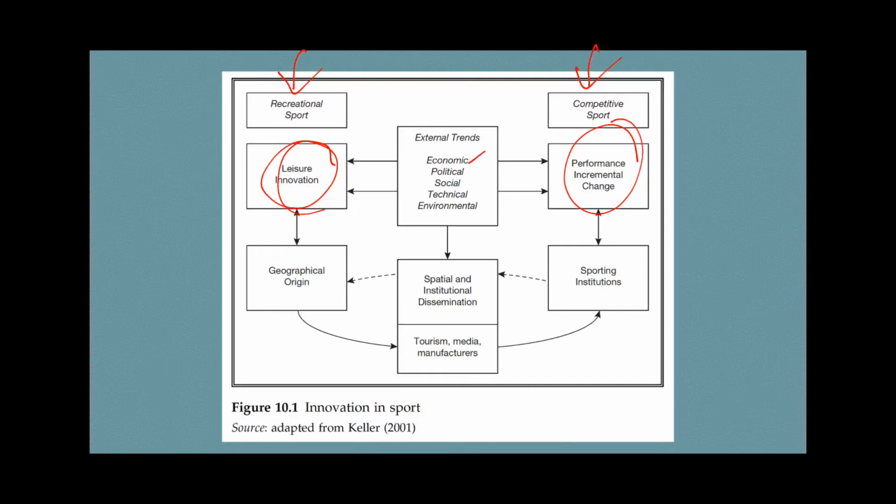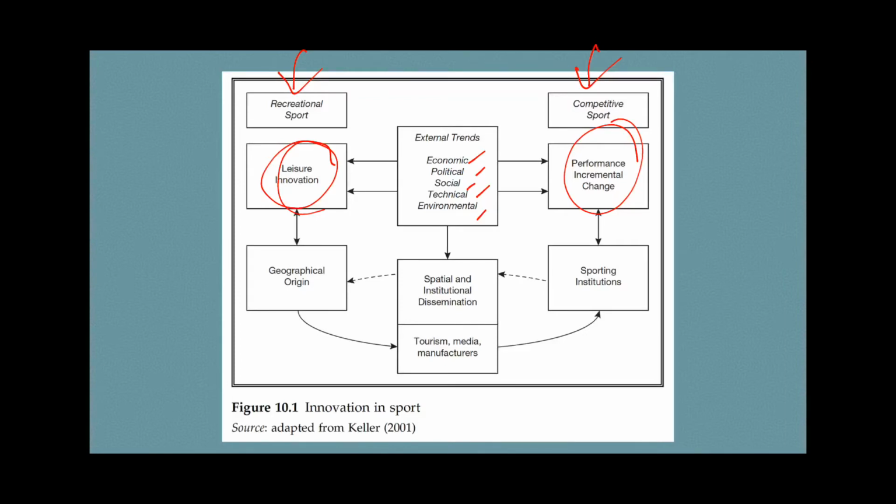We have economic trends, political trends in relation to federations, social trends, technological trends. For example, in swimming, diba, now we have more higher-end swimming apparel and swimsuits in order to improve buoyancy in the water. And also environmental trends, like for example, because we have a lot of climate change, we do a lot of indoorization of sports.